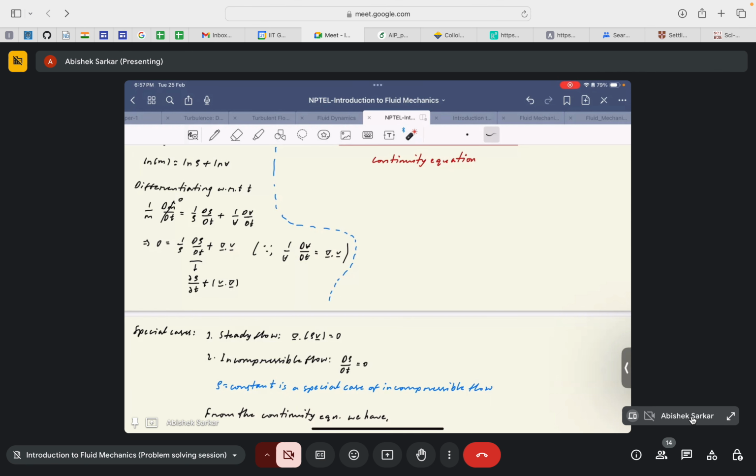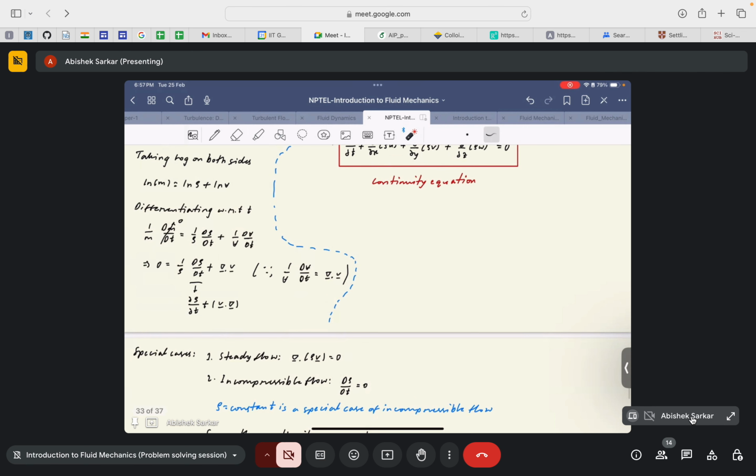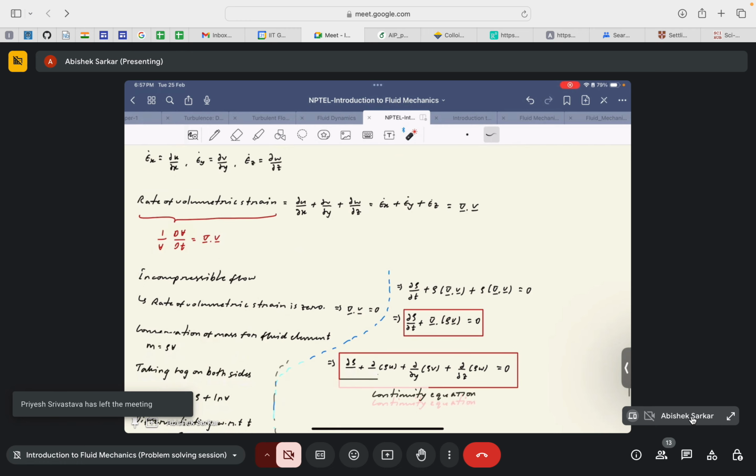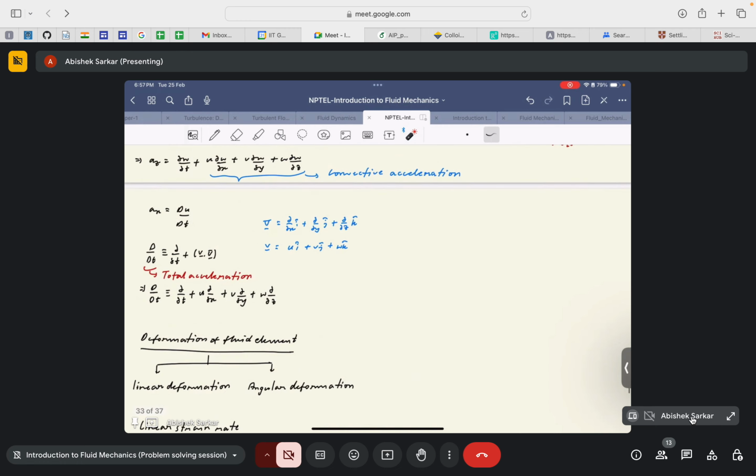So we will have 0 is equal to 1 by rho d rho by dt plus the divergence of the velocity field. But again we also know that this d rho by dt can be represented in terms of this operator, which we just saw previously.